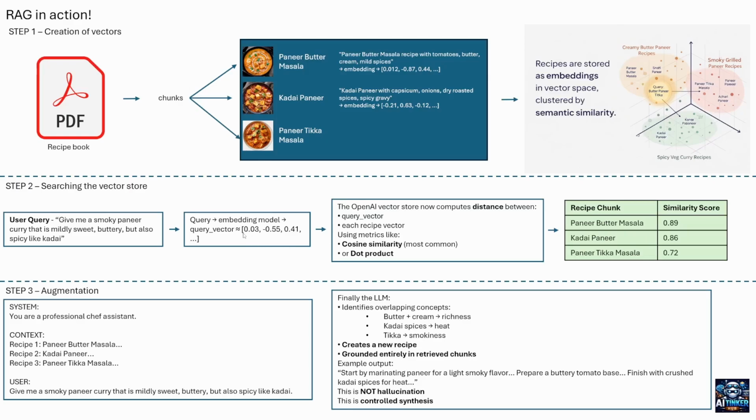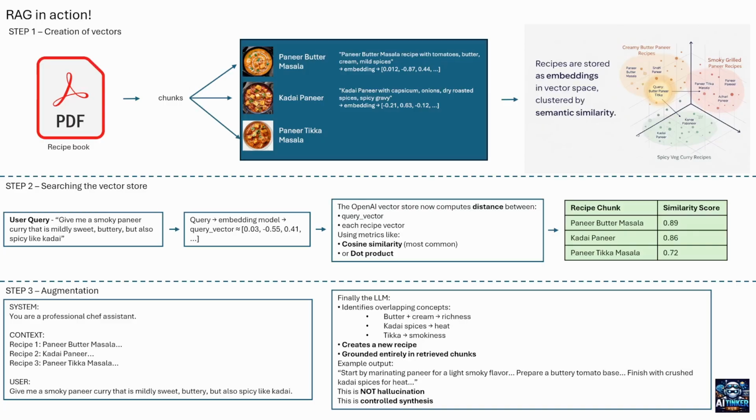So once this is converted into its vector representation, the OpenAI vector store is what we are planning to use, but obviously these could be other vector stores as well. What they tend to do is compute the distance between the query vector and each of the recipe vectors that it has stored.